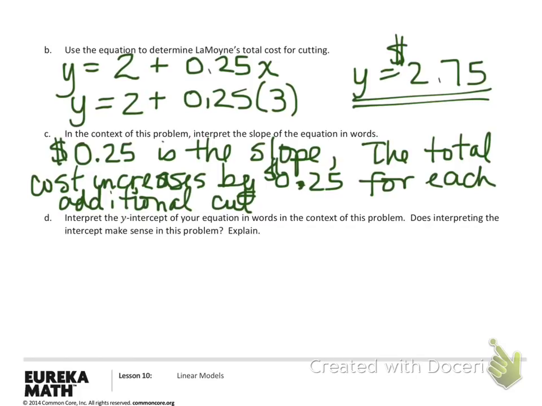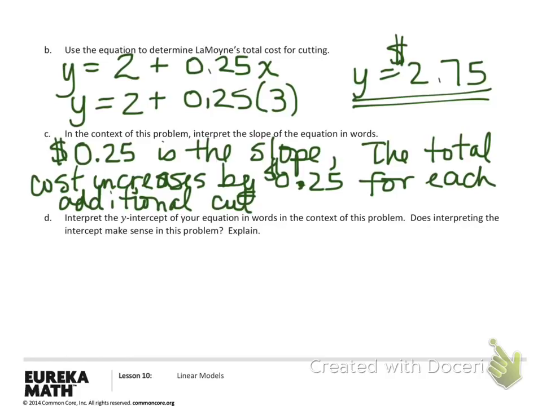In the cell phone example, having 0 text messages made sense. But in this example, having 0 cuts, we're not going to have to pay that $2.25 if we make 0 cuts. So there is no fixed cost in that sense.